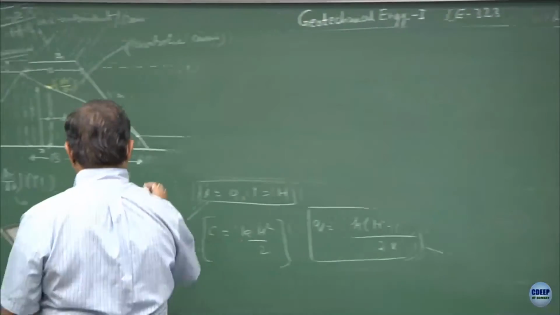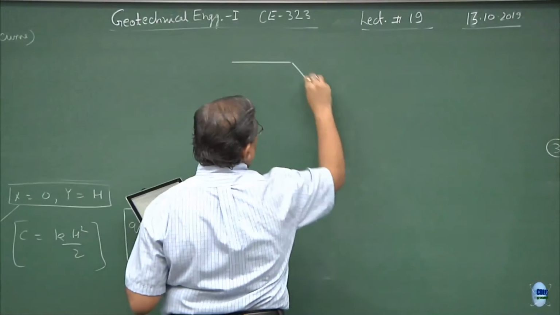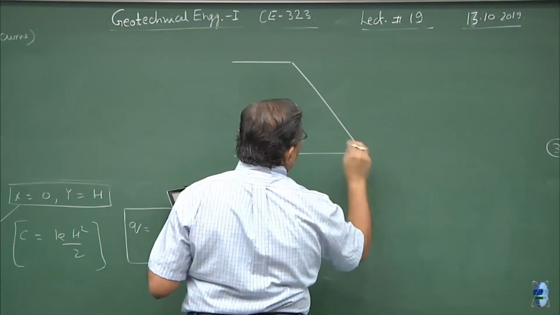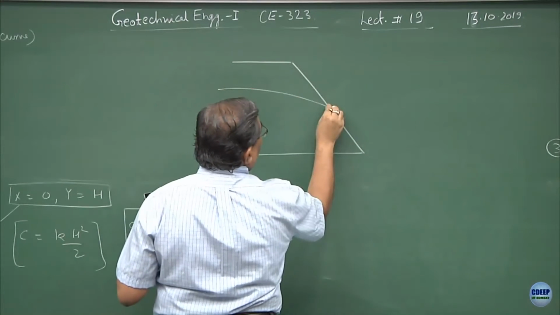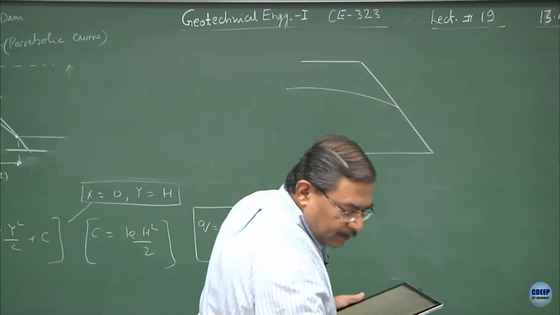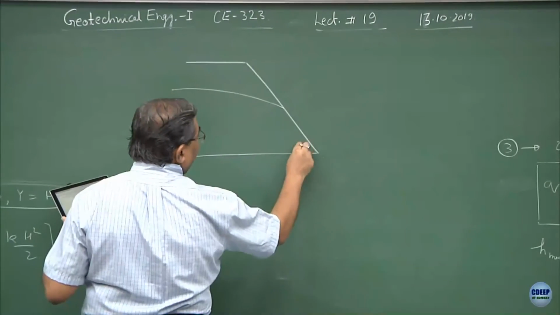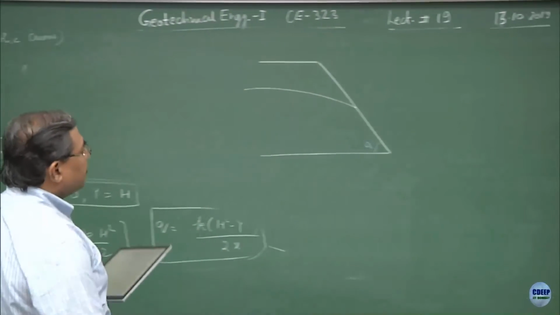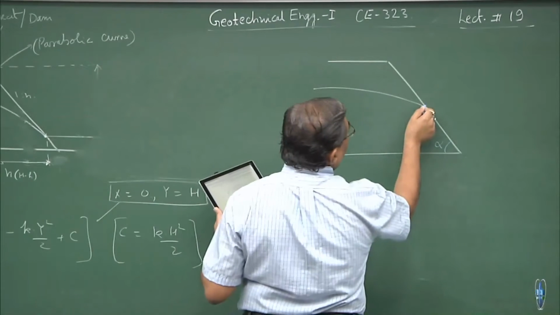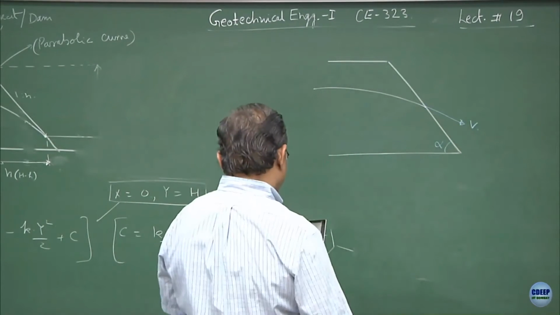See, another point here is the outcrop point. So, if I consider a typical case downstream where the top flow line comes and cuts the embankment, and if this is the alpha value, this is the velocity of the water.